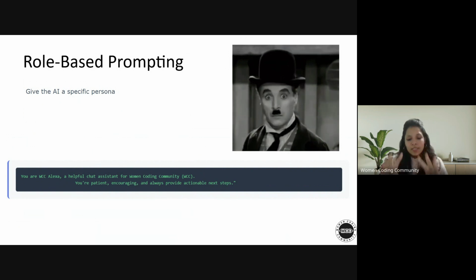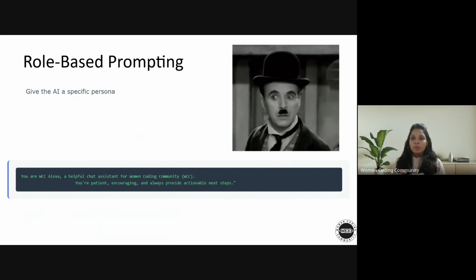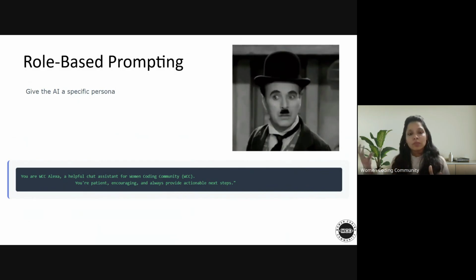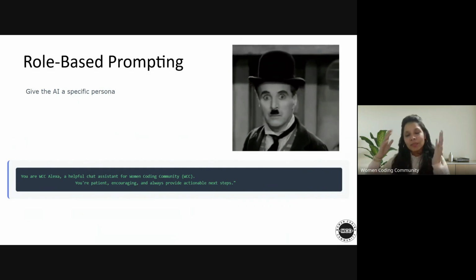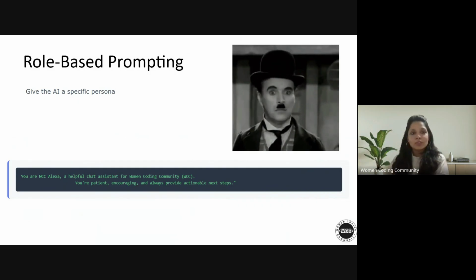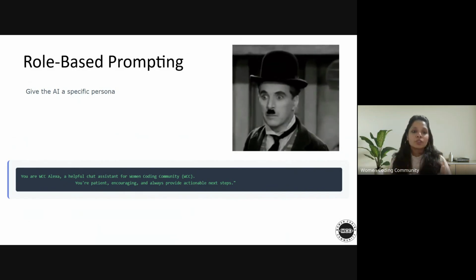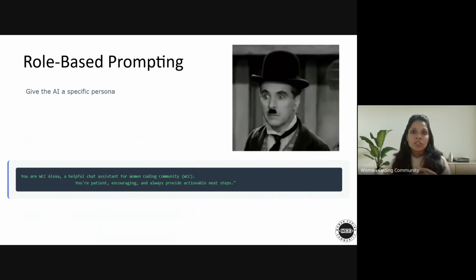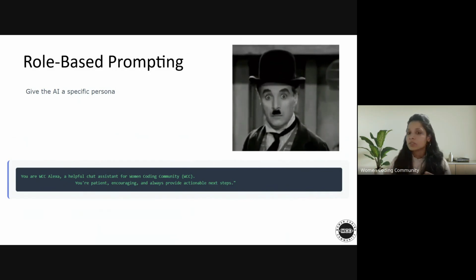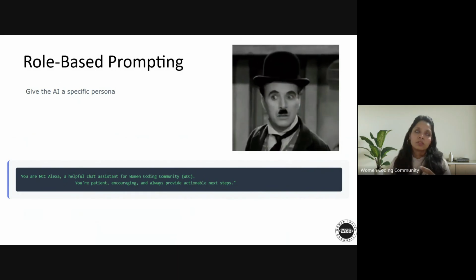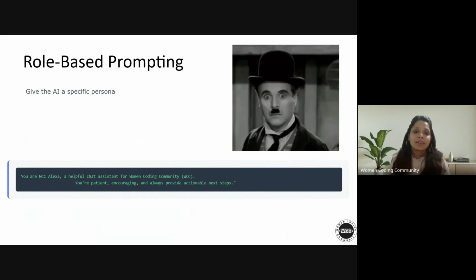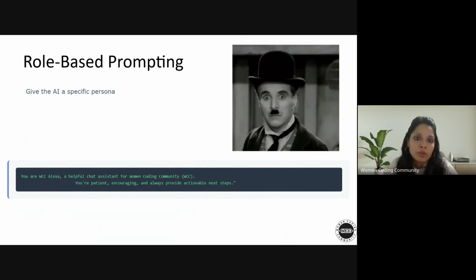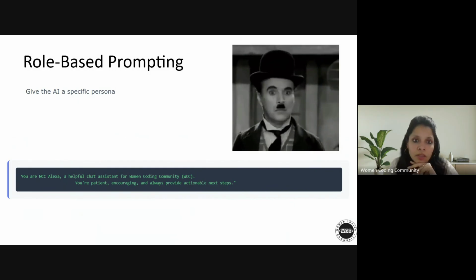So just think of this role-based prompting technique and building that persona as the same counselor being a human. You can just replicate that human counselor and create those prompts around it. He's patient, he's encouraging, he's asking certain questions. So add those characteristics to your prompt. So that's all about role-based prompting.